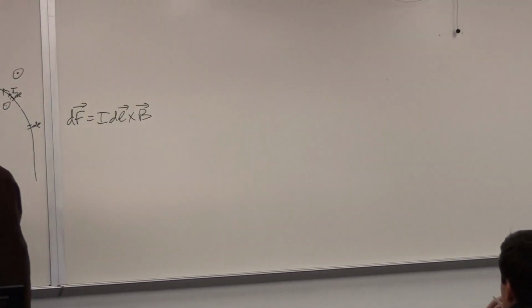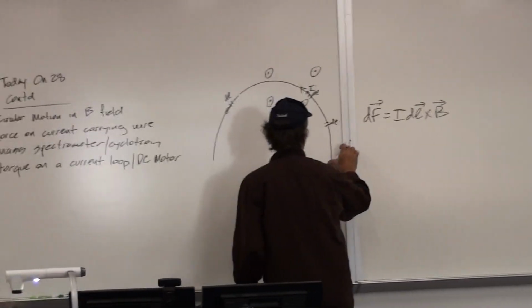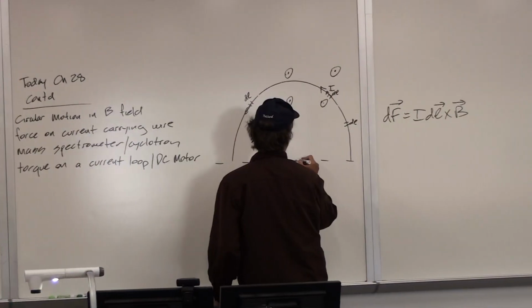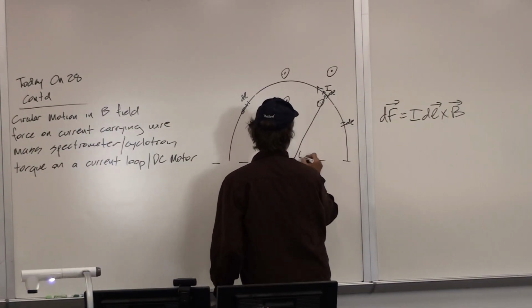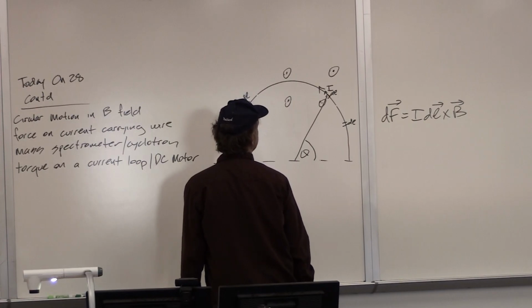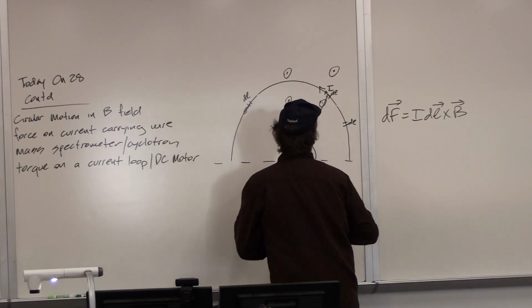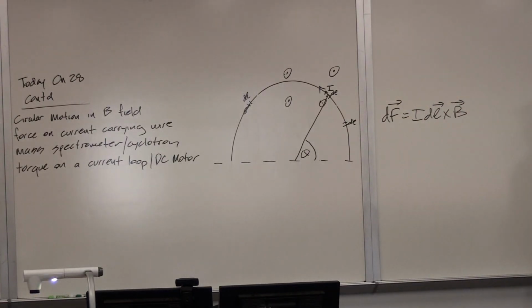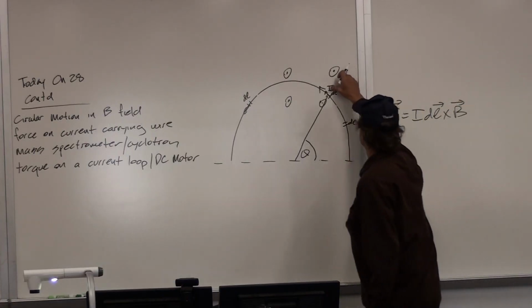And as we did before with electric forces, let's look for symmetries. So here, let's say that this angle is theta above the horizontal. Then I dl cross B is going to point in what direction? Radially outward. Very good.